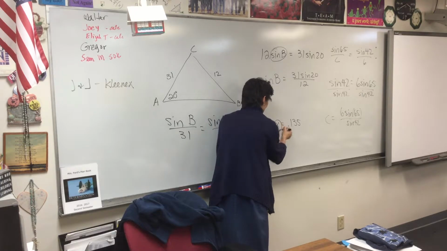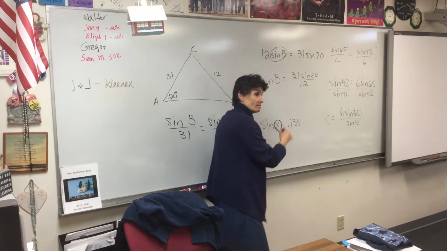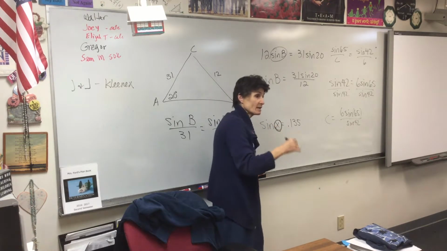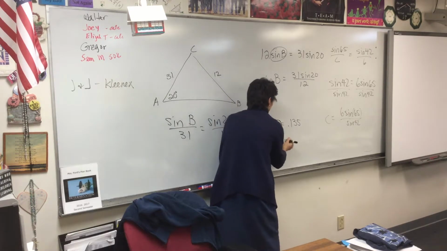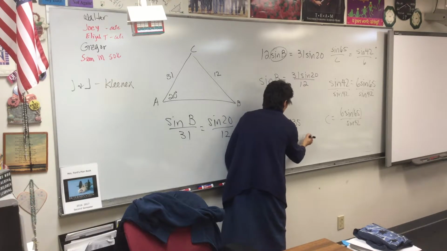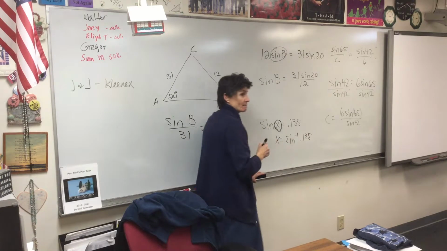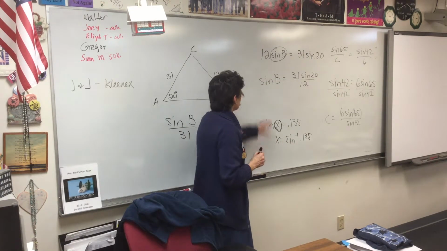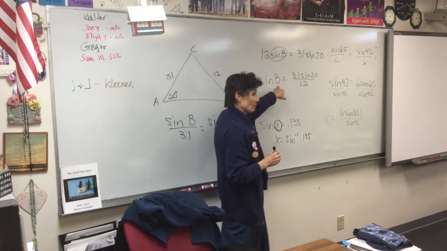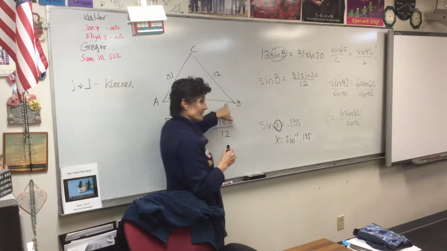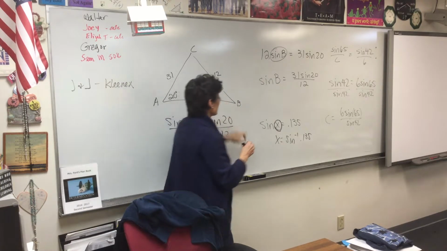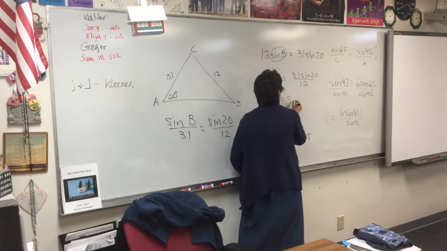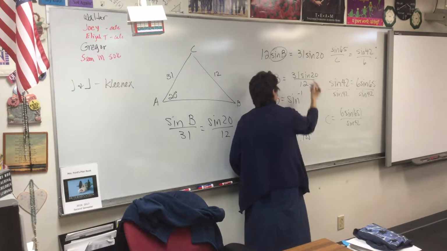Whenever the variable is sine b, sine x, cosine x, didn't we have to do inverse sine or cosine or whatever it was? Remember doing that? That's when we're finding the angle. Aren't we finding an angle? Yeah. So we are going to have to inverse sine that decimal.